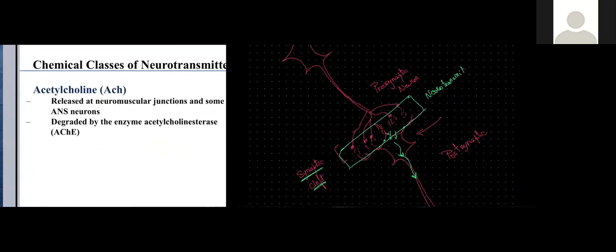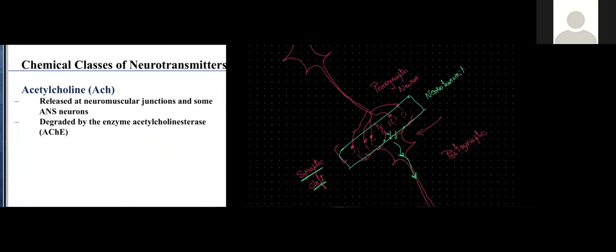Are all the neurotransmitters going to be acting the same way? What do you think? No. So in some cases, you want to send an excitatory impulse to the postsynaptic neuron. So I want to create an electrical signal for it to become activated and to affect the effector organ.